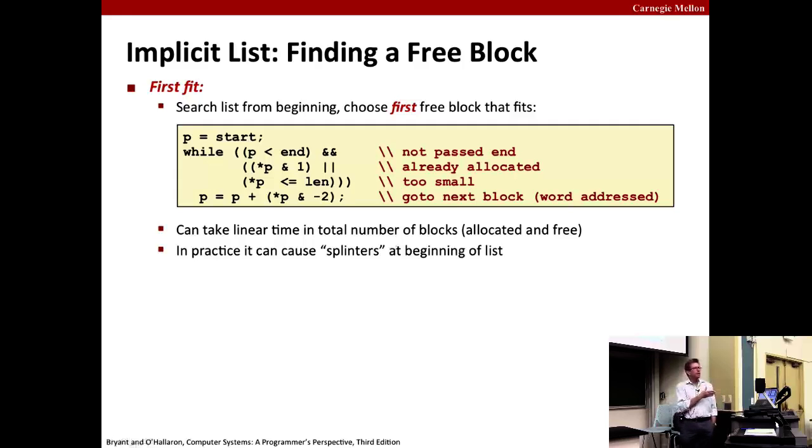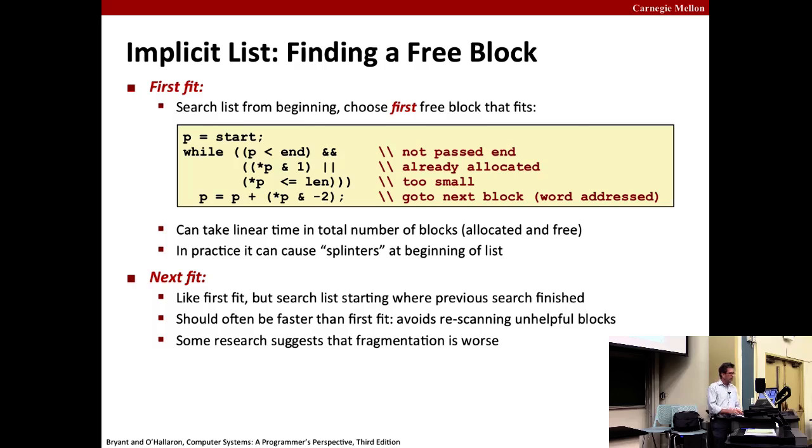We start at the beginning of the heap, and we walk the heap looking for a free block that's at least size 10. And it needs to be 10 plus the size of our header too. So that's a simple idea.